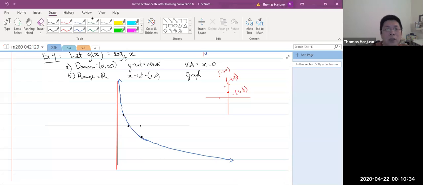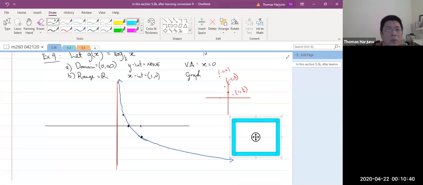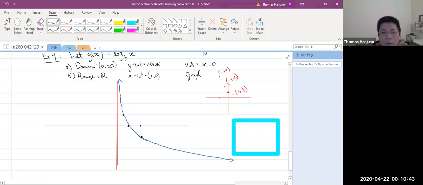Actually, we can say a little note. Let me put that note here. For b to the x, the graph will be increasing when b is greater than 1, decreasing when b is less than 1, between 0 and 1, right? Now it turns out that the same increasing and decreasing applies when we deal with log. So log base b of x will be increasing when the base is greater than 1.